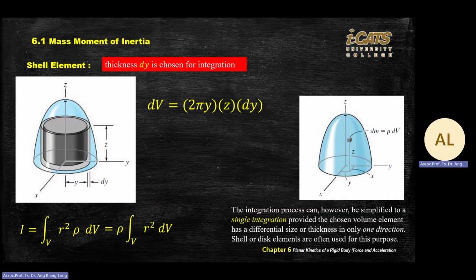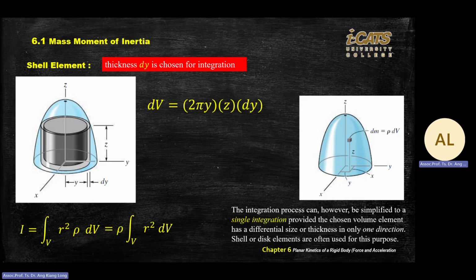If you take the circumference and multiply by dy, the thickness, you get the area, right? Then you multiply the z, you get the volume. So this one uses the shell element, where you look into the thickness changes of dy.